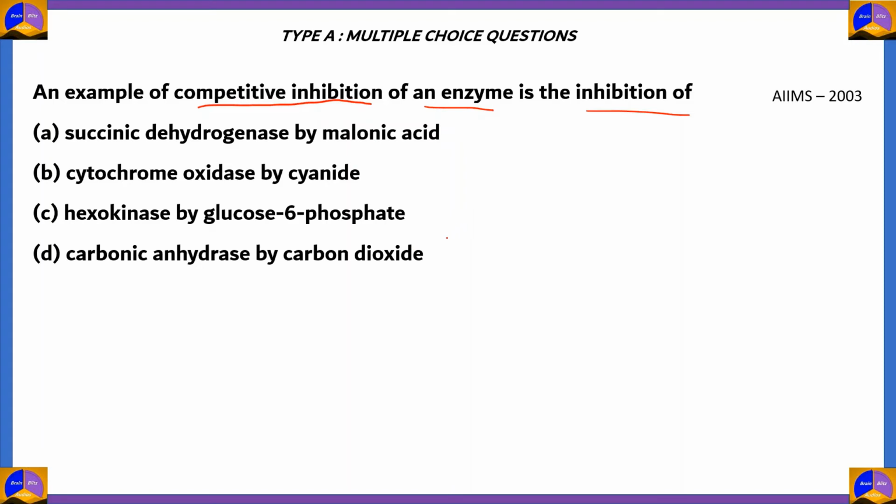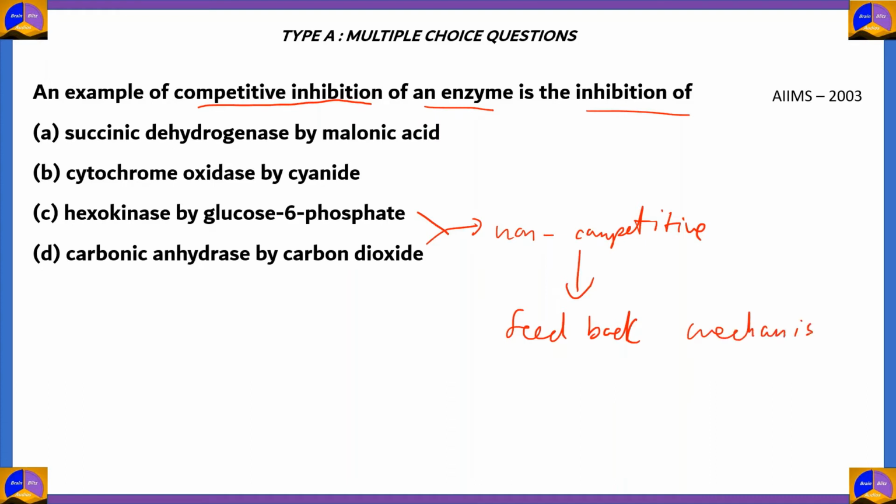Options D and C. Carbonic anhydrase by carbon dioxide and hexokinase by glucose 6-phosphate are non-competitive because this is basically a feedback mechanism. If there is a lot of carbon dioxide in the body, the carbon dioxide itself would start inhibiting carbonic anhydrase, so there is no scope for competitive inhibition.